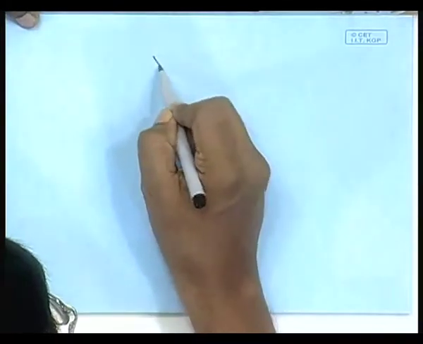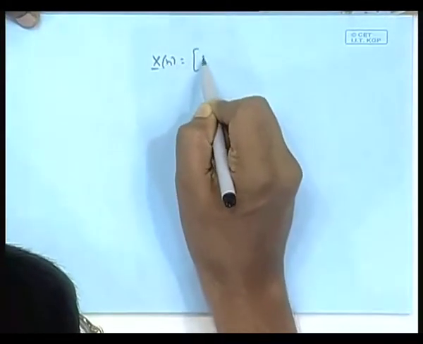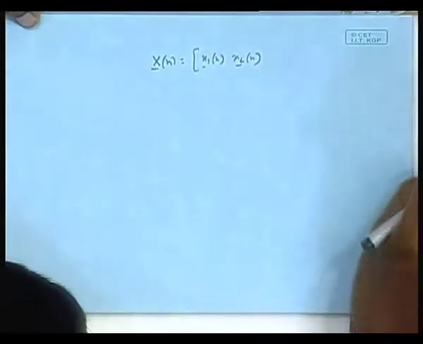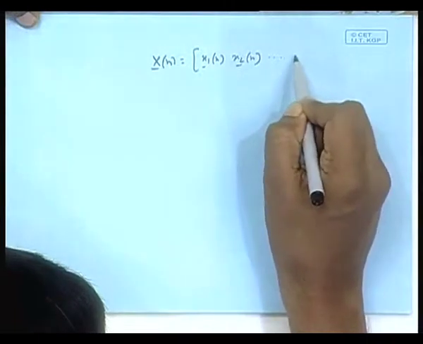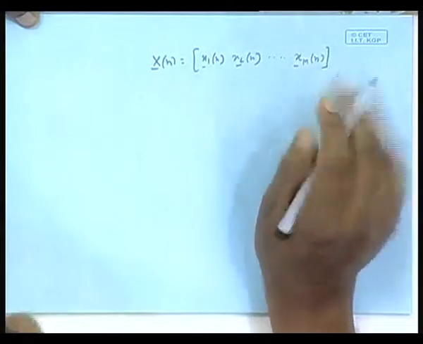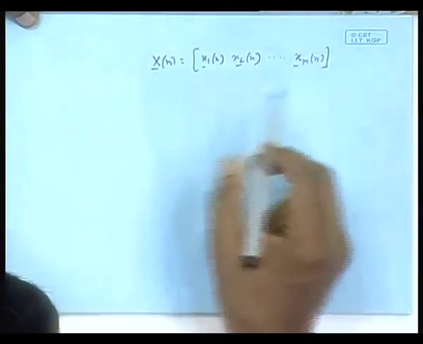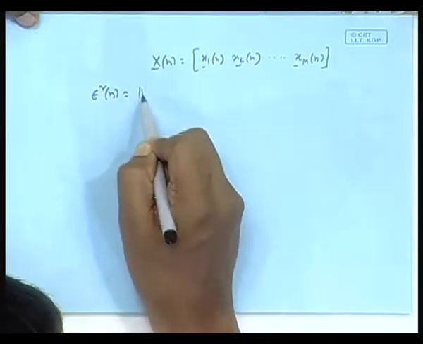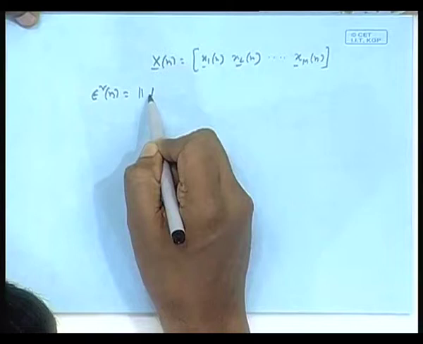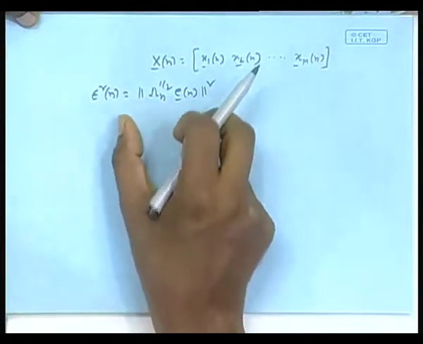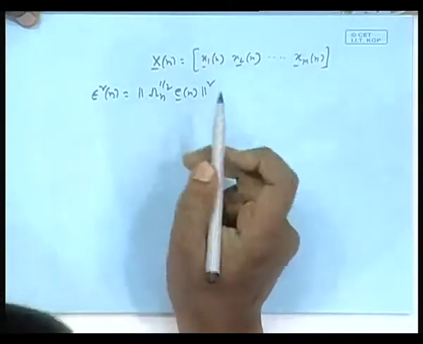So, let us go back to what we were doing. We had X n with m columns, and we are minimizing this quantity, epsilon square n, as the norm square of this, which you know very well. This is the usual Euclidean norm, the sum of squares.